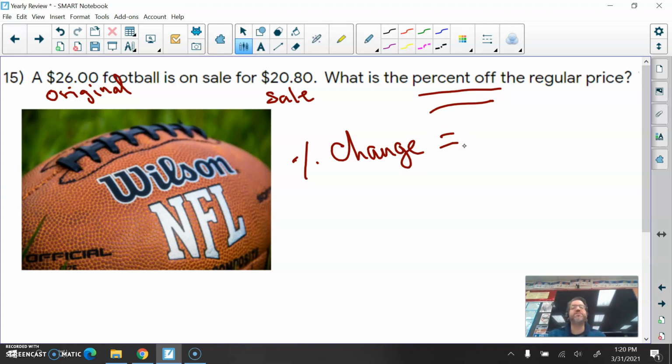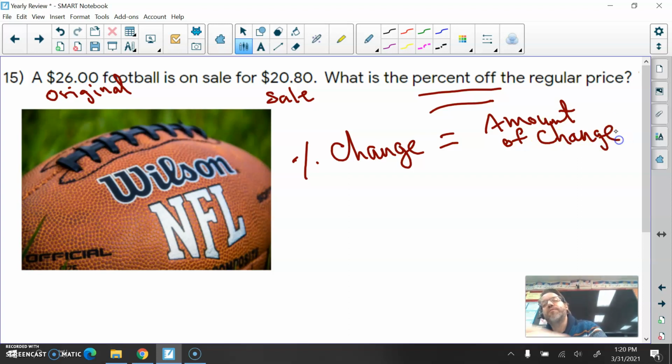And in order to find the percent of change, you first have to know what is the amount of change. In other words, how much of a discount do we have? How much money was taken off of the original price? And then you divide that by the original amount.